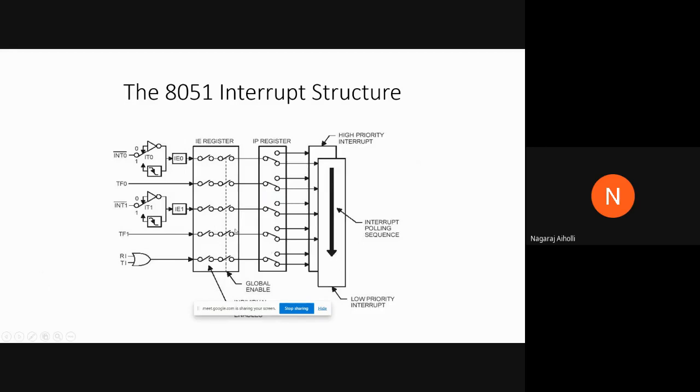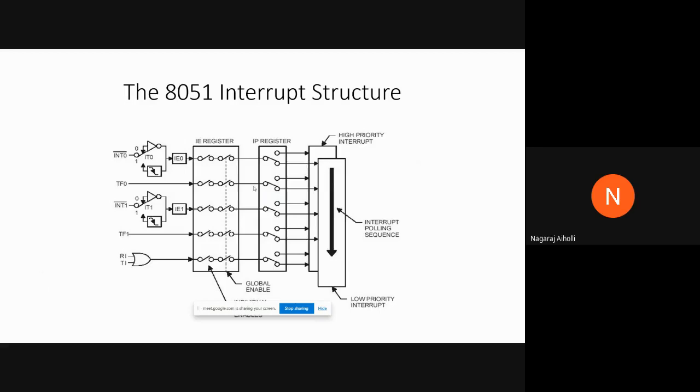Then the interrupt enable register has a global enable bit, the enable all EA bit, the MSB of the IE register, which is used to enable all the interrupts. So this is about the structure of the 8051 interrupt.